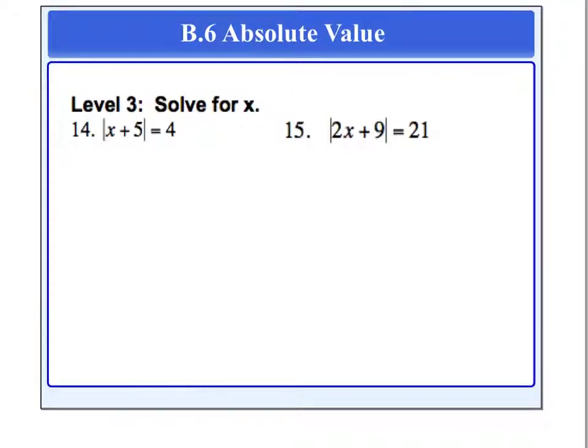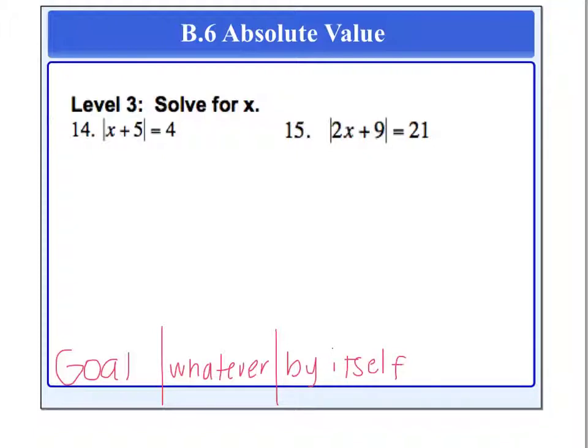Now this is where we have to really pay attention. So you want to make sure you're going over this several times. Our goal is to get whatever's in here, whatever we're taking the absolute value of, by itself. And now we are going to set our argument. Remember, our argument is whatever's in here.